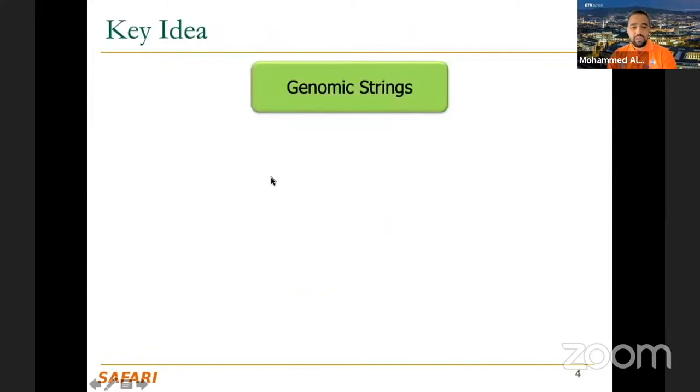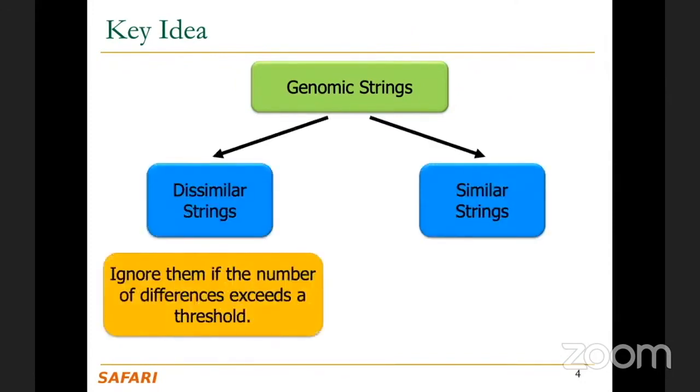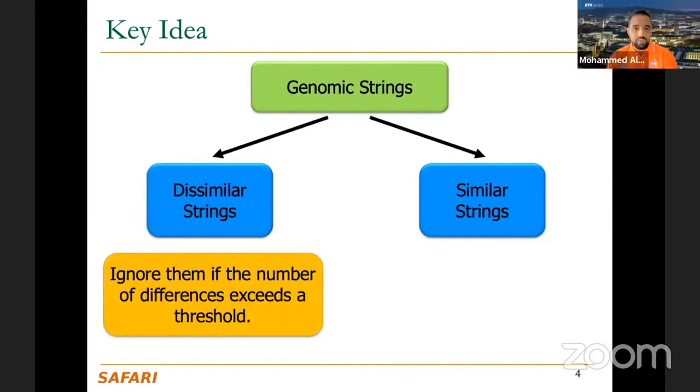What does that mean? We first want to have this observation that genomic sequences are either similar to each other or dissimilar to each other. And if they are dissimilar, they are probably not interesting to us. It depends really on the applications and the parameters, how you define similar or dissimilar sequences.